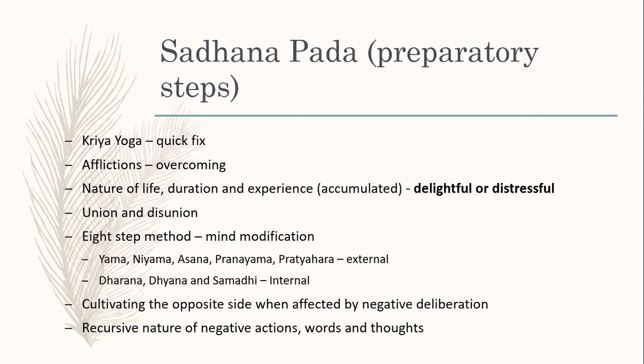Because we always talk about control, sense control, and do not go to sensory pleasures, do not long for, do not have lust for sensory pleasures. We can say all those things, but what to do if the situation comes will be the answer with the next point, that is cultivating the opposite side when affected by negative deliberations.